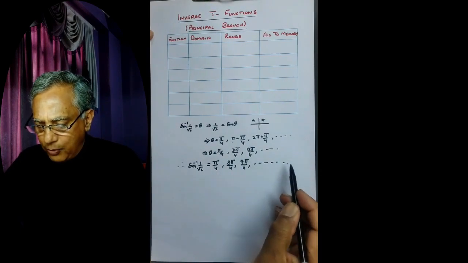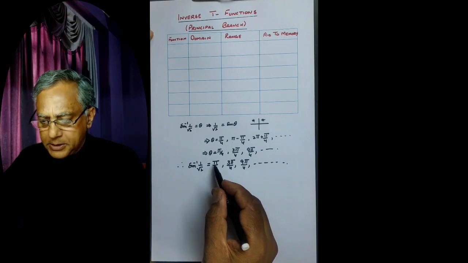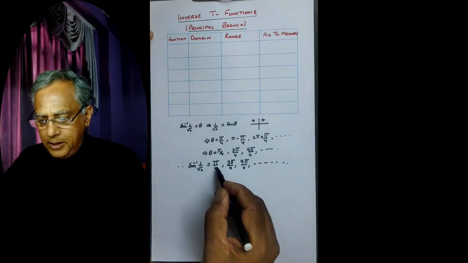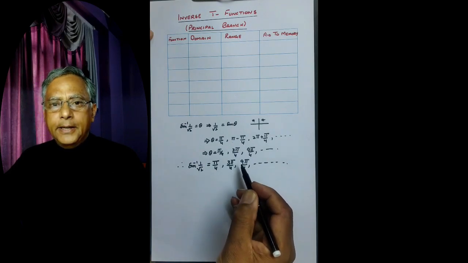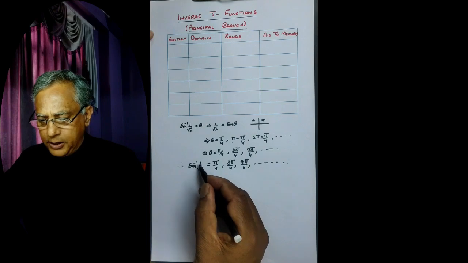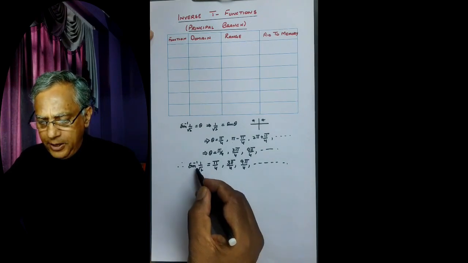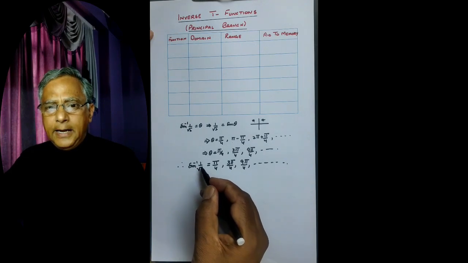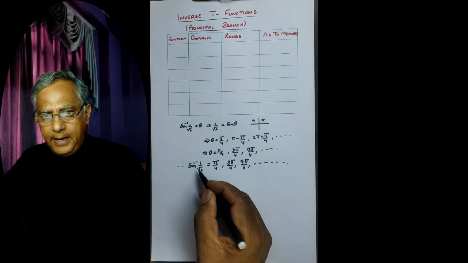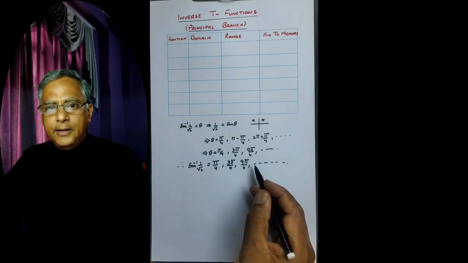The multiple values will be deleted. So in the principal branch, at each point of the domain, we will have a unique value in the range.